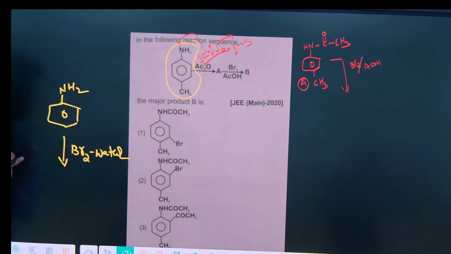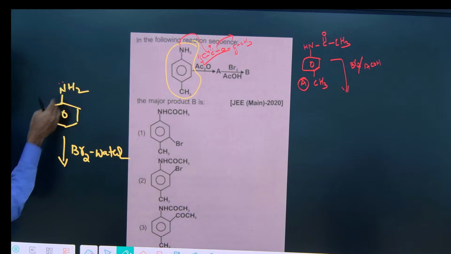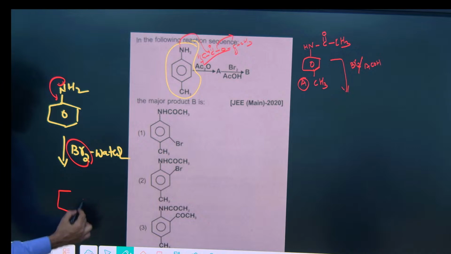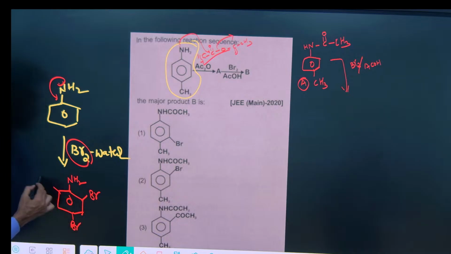Now what you need to know is that aniline is a highly activated ring because of the nitrogen lone pair. So the bromines will be added at ortho positions as well as para, and you are going to get a tri-substituted aniline, Br, Br, Br, like this.